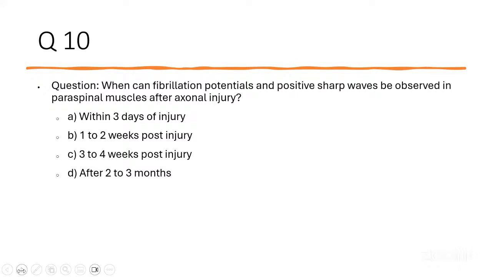When can fibrillation potentials and positive sharp waves be observed in paraspinal muscles after axonal injury? Within 3 days, 1 to 2 weeks post-injury, 3 to 4 weeks post-injury, after 2 to 3 months. You are doing a paraspinal muscle. 3 to 4 weeks, okay?